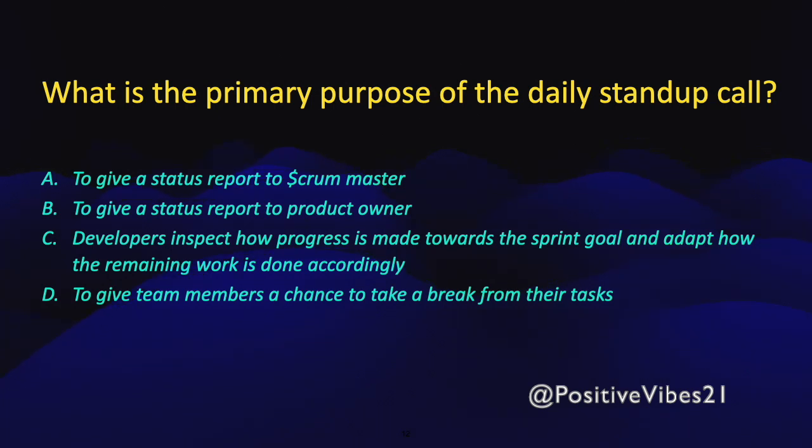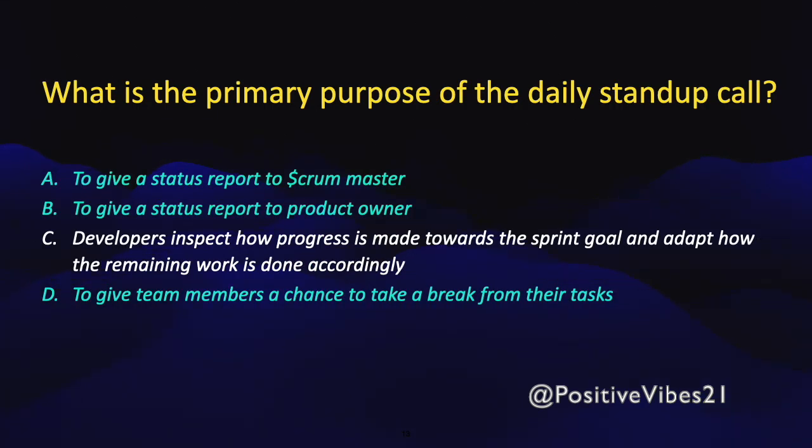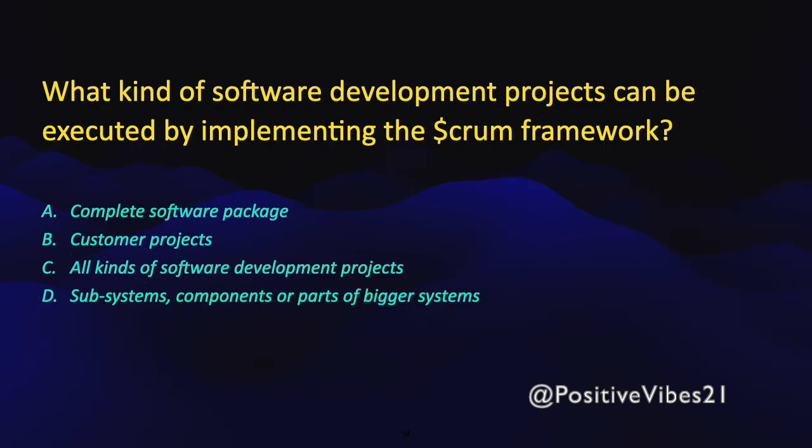Okay, so in Agile and Scrum, we have the daily stand-up call. So out of these four options, the right answer is C. Developers inspect how progress is made towards the sprint goal and adapt how the remaining work is done accordingly. Yeah. Let's move to the next question.